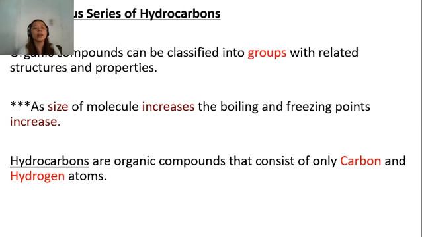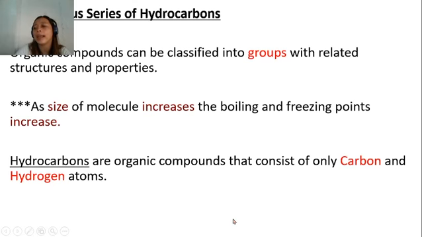Homologous series of hydrocarbons. What are hydrocarbons? They are examples of our organic compounds. Organic compounds can be classified into groups with related structures and properties. As the size of the molecule increases, the boiling and the freezing point also increase. Hydrocarbons are organic compounds that consist of only carbon and hydrogen atoms.